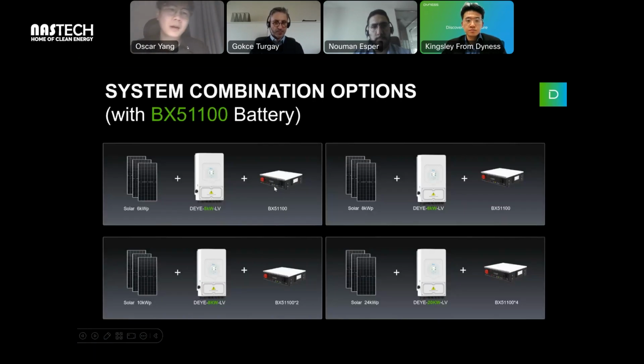Okay. Yeah. So I would like to explain about the recommended bundle. Since our partner Nasdaq is dealing with the inverter, I will be focusing on the inverter and Dyness battery now.